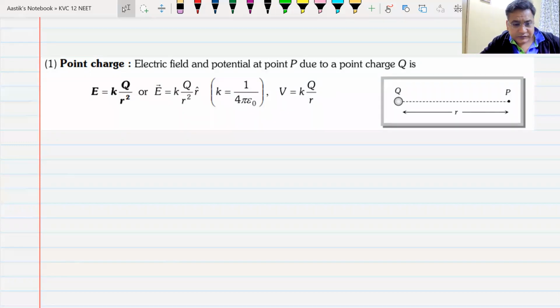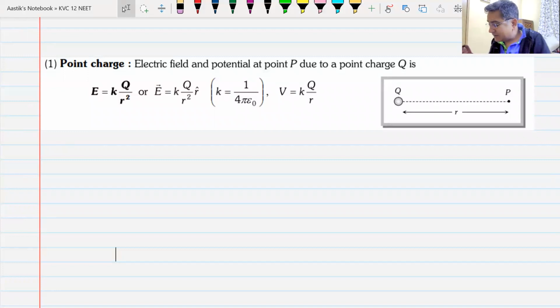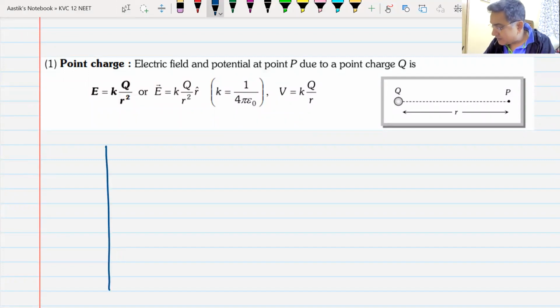Okay. If you have to make a table, this is how you will make a table. In one column, you will write the type of charge. What type of charge is there? Point charge, line charge, and so on. Then you can draw a diagram. The diagram is already there, so you can put it in this column.